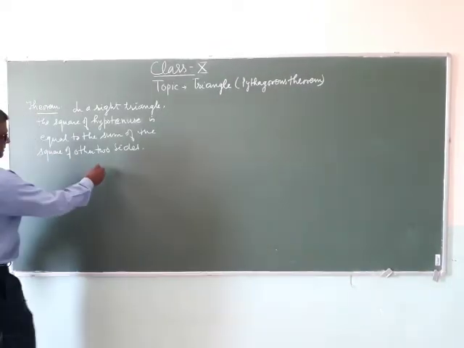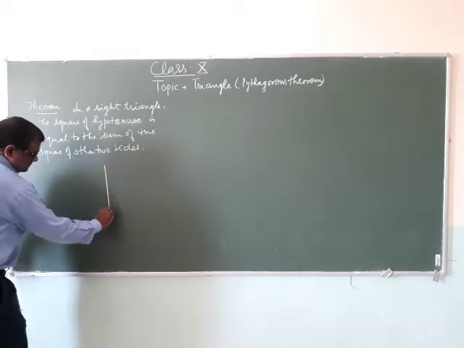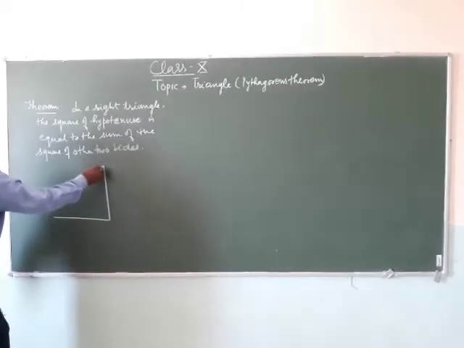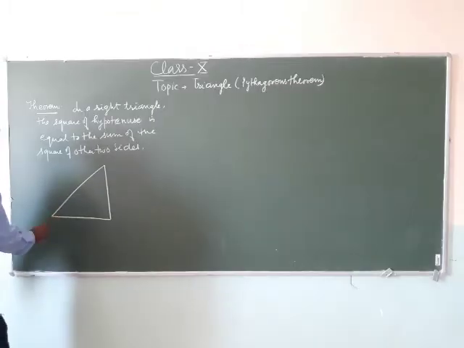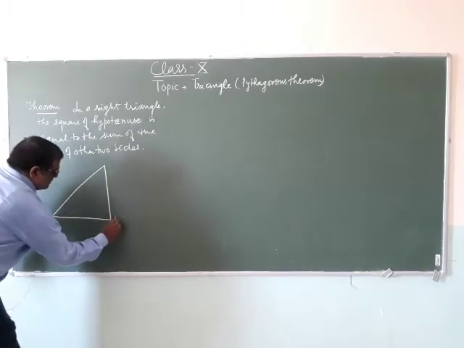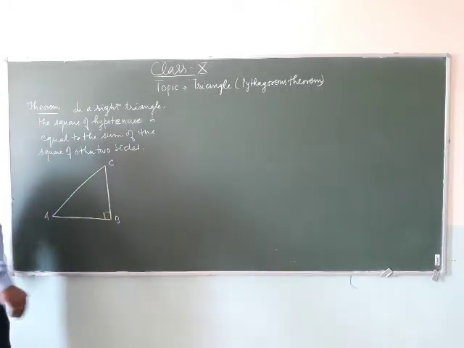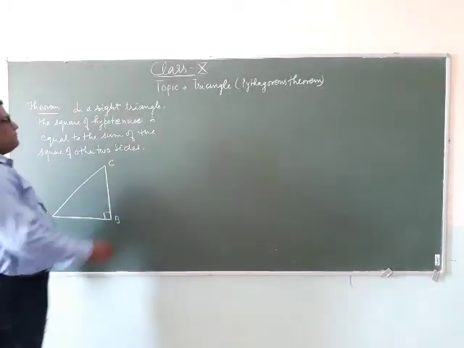This is a right angle at B. Now look here, this is A, B, C. This is the right angle. What is our given?